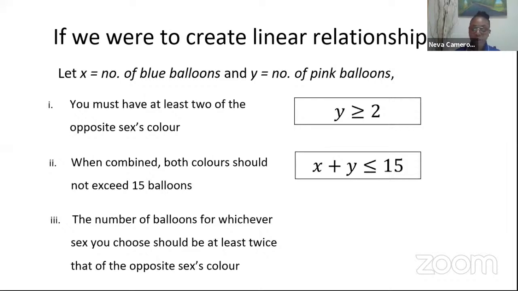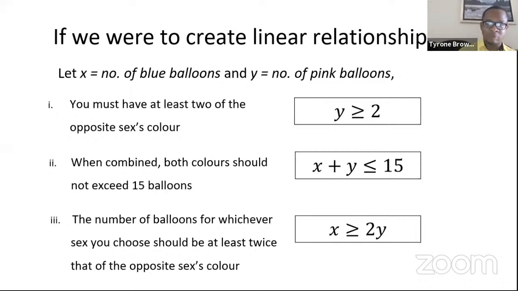So, sir, for this, where we are saying that the sex that we have chosen, which is the boy, should at least be twice the sex of the girl, is there any way to say that? I'm seeing someone else saying 2x greater than y or 2x less than y? All right, let's bring this up and see what they think about this.